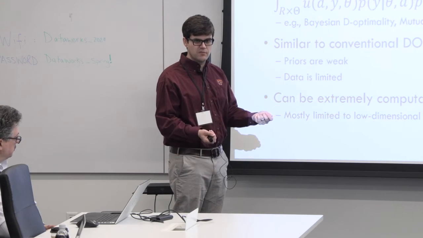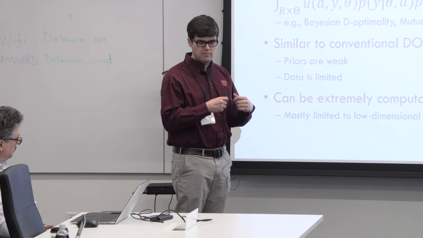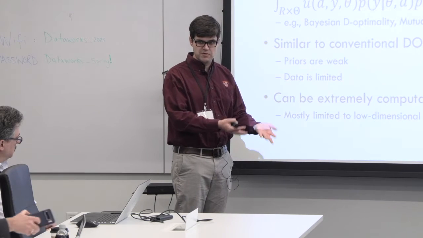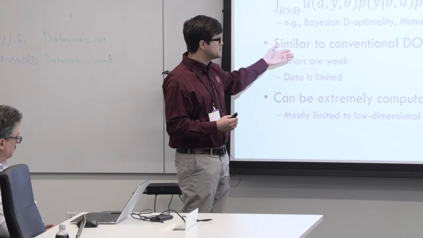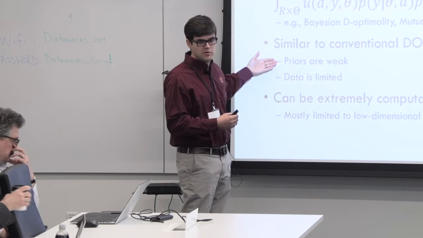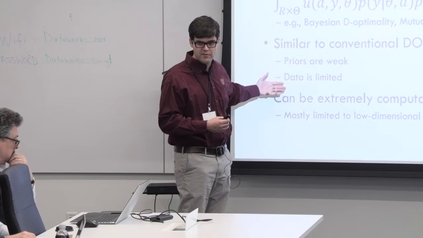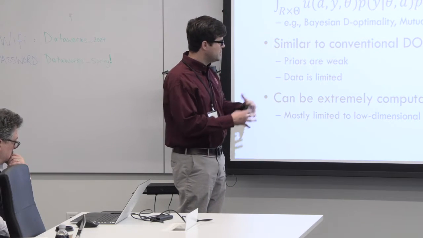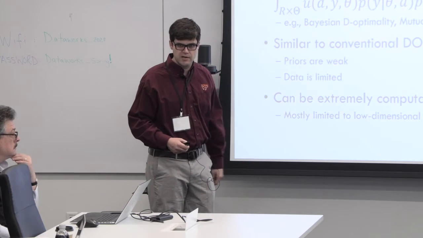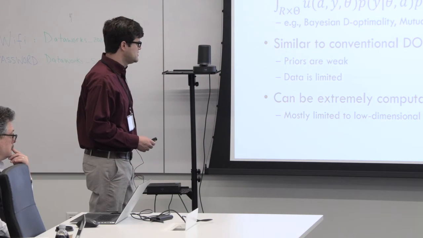Just as I said that frequentist methods are similar to Bayesian methods with diffuse priors, Bayesian DOE is similar to conventional DOE if you don't know very much or if you haven't taken very many measurements. Because in the end, it's defaulting to the same kind of criteria for designing tests.